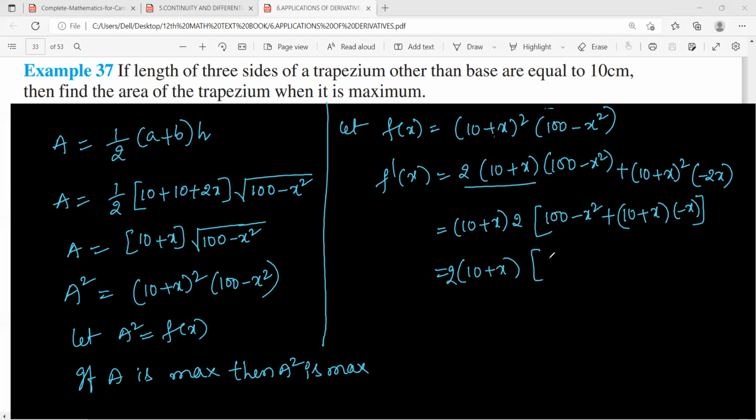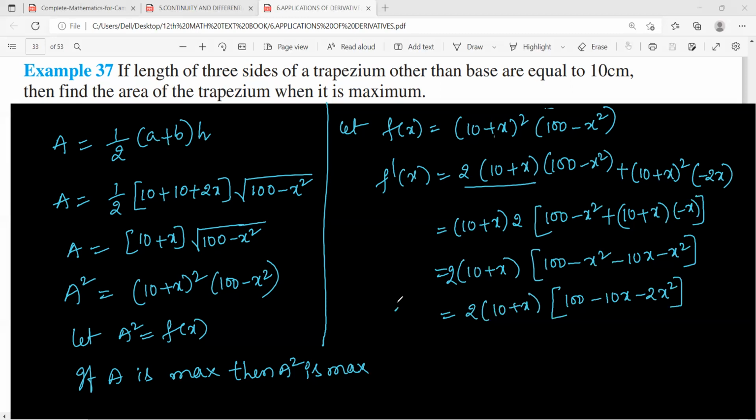If you simplify this, 100 minus x squared, 10x minus 10x minus x squared. Further simplifying, we get 100 minus 10x minus 2x squared. Okay, this is f dash.